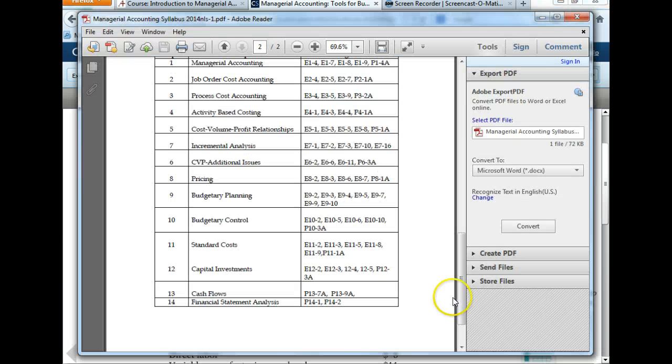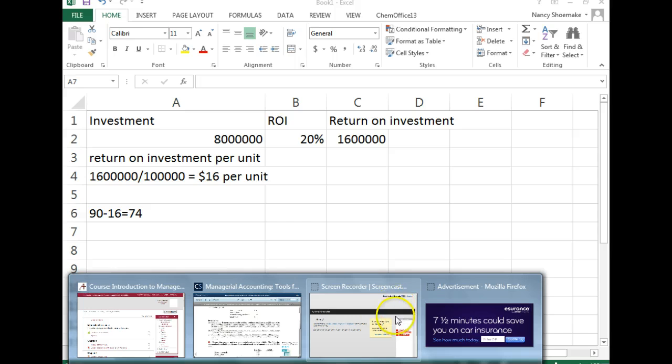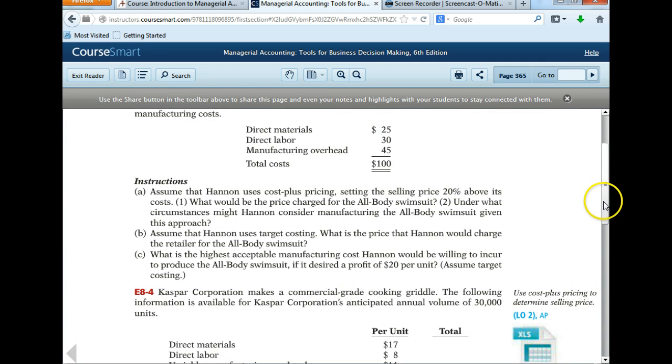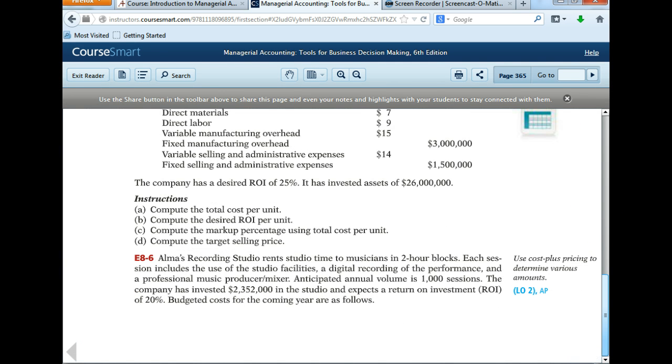What's our next one, guys? 8.6. Let's look at 8.6 here. Alma's recording studio rents studio time to musicians in 2-hour blocks.